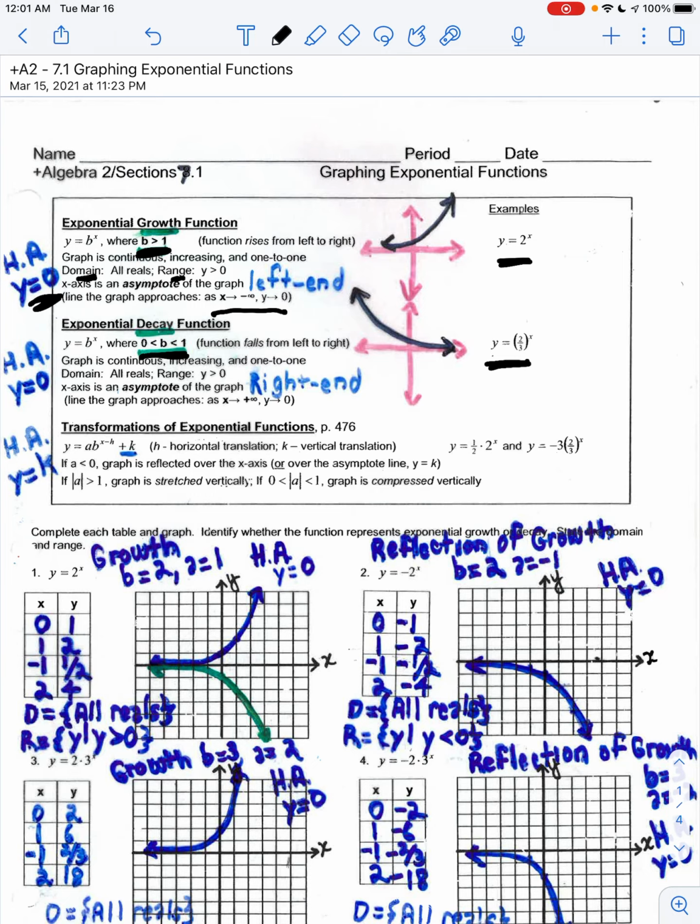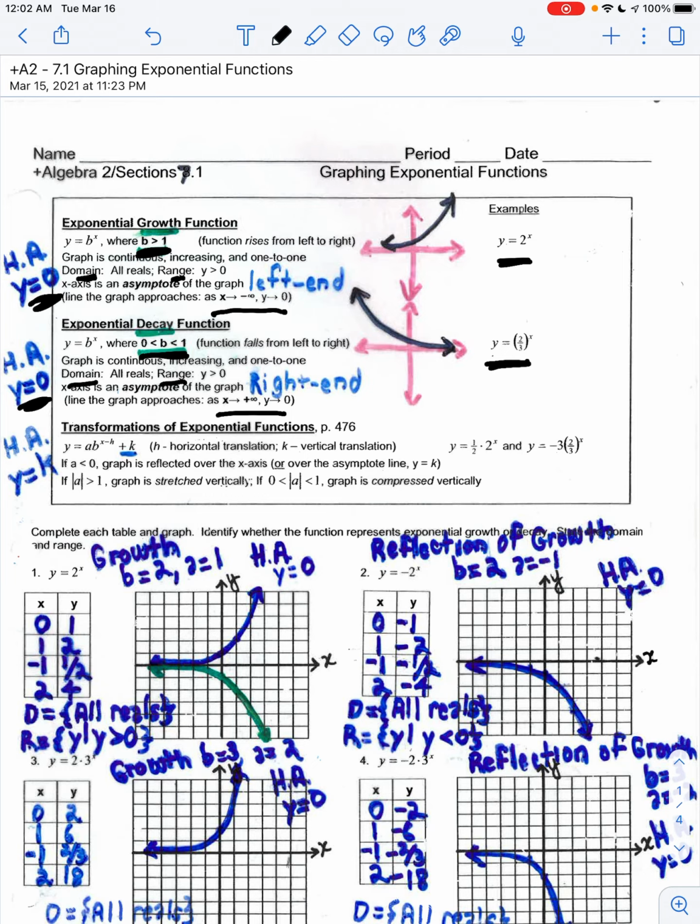And the domain is all reals, the range y greater than 0, and the horizontal asymptote is the x-axis, or the line y equals 0, and as x approaches positive infinity, y approaches 0. It does this on the right end. Again, it gets as close to 0 as possible without crossing the x-axis.